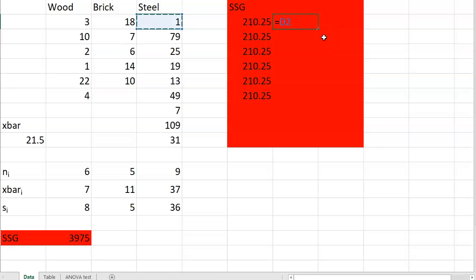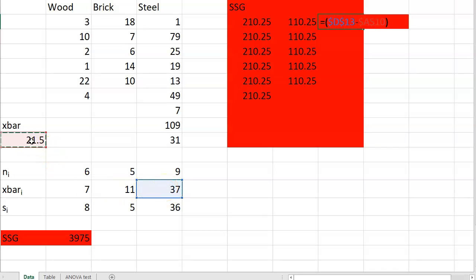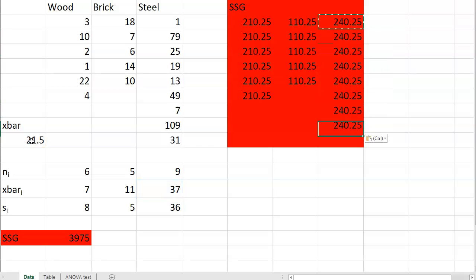For these ones, I want to take their average, oh, I forgot my parentheses. Their average minus the overall average and squared, and that was true for 1, 2, 3, 4, 5 data points. The last one is his average minus the overall average squared, and that is for all 9 pieces.